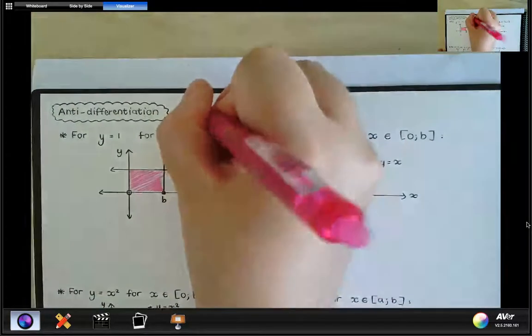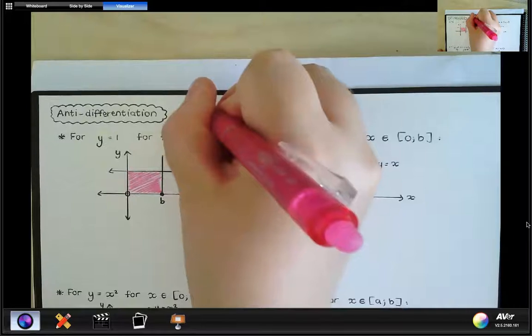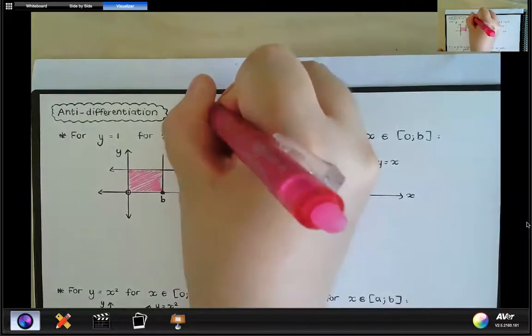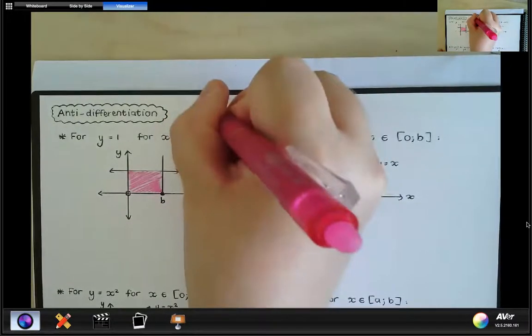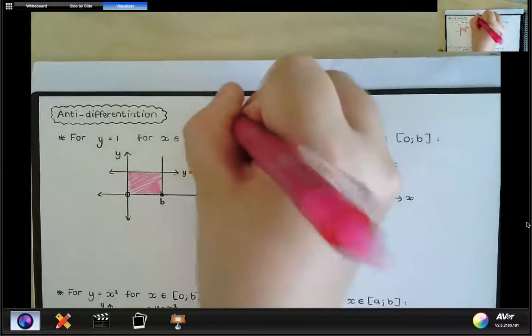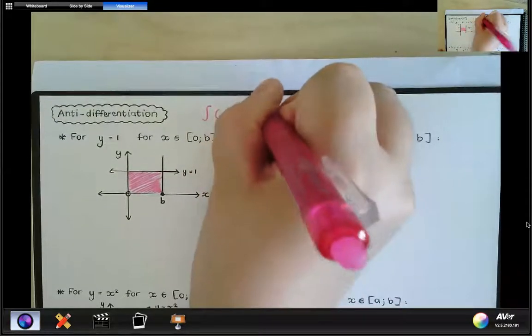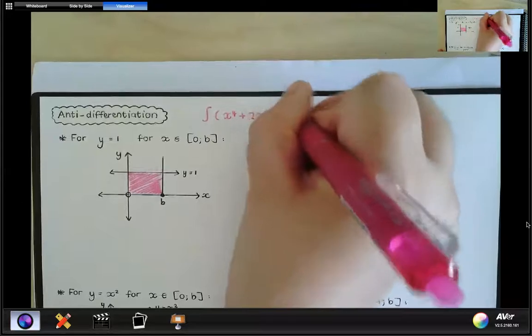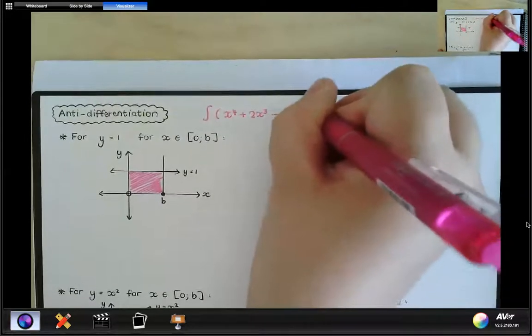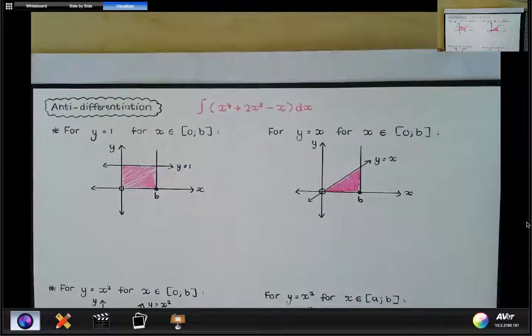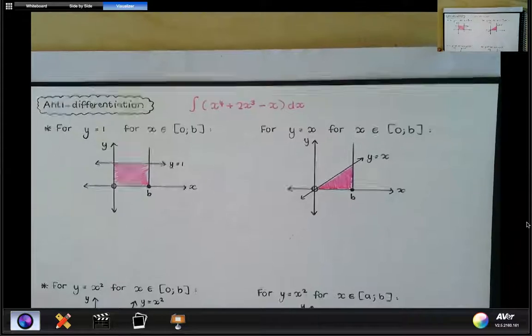For anti-differentiation, if you have something like the integral of, let's say, x to the 4 plus 2x cubed minus x, and you have to find the integral, or the antiderivative of that.